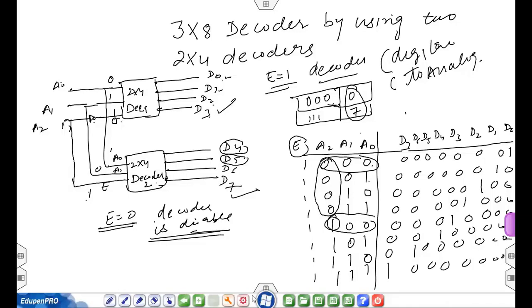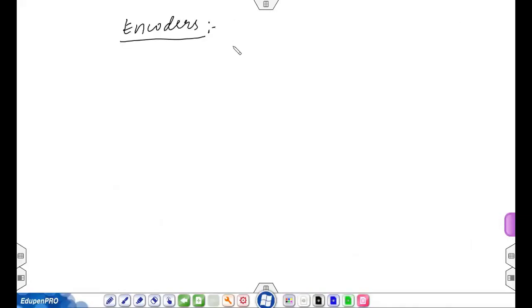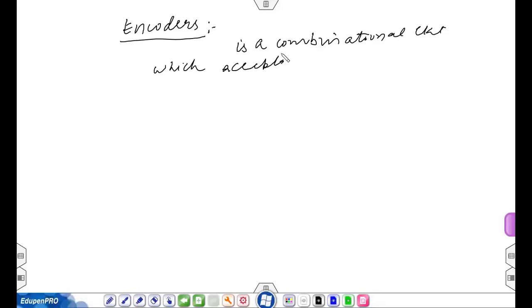This is about the decoders. Now again, we are discussing the encoder. Encoder is a combinational circuit which accepts 2 raised to power n inputs and n outputs. Now the encoder is the reverse of the decoder.